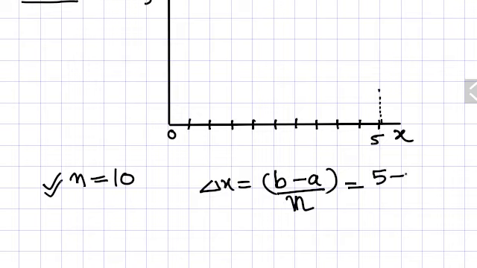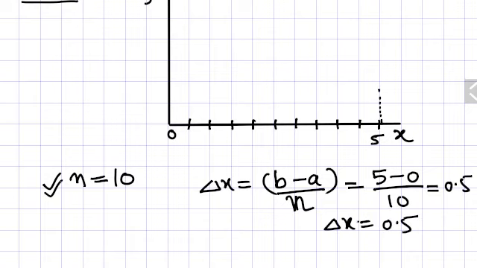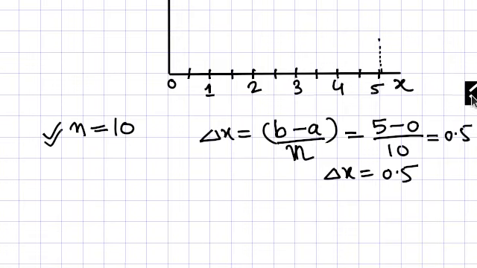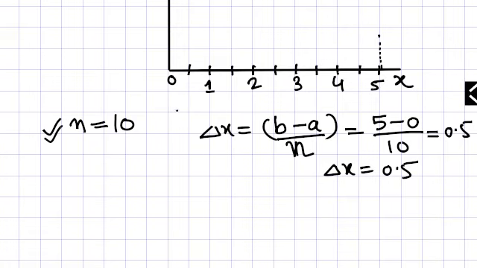So 5 minus 0 over 10 gives 0.5 units for one space. So this is 0.5, this is 1, this is 1.5, this is 2, and so on. The first step is to divide the bracket into small parts, and now the second step is that you take the first 3 points.